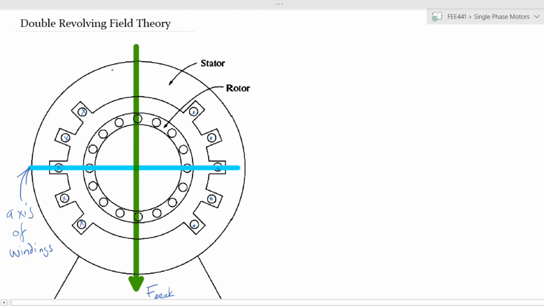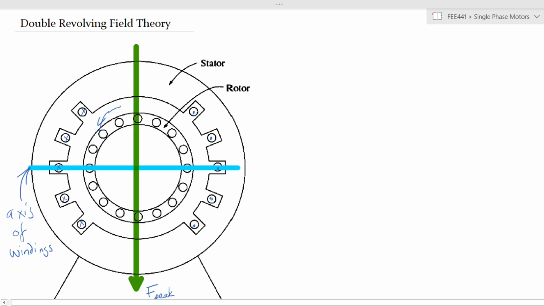So in this particular instance, we have the axis of the windings in that direction and the resultant magnetic field in that direction. Now, if we mount our rotor consisting of various bars, this is a cross-section of the rotor, and the rotor is only free to move in the direction shown.